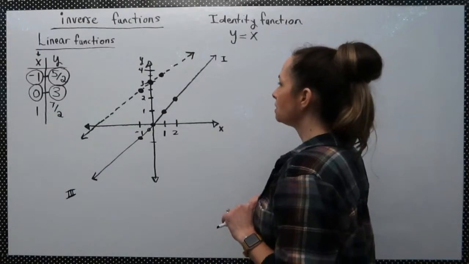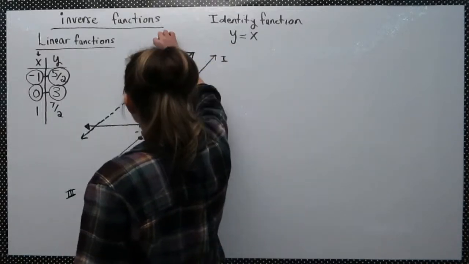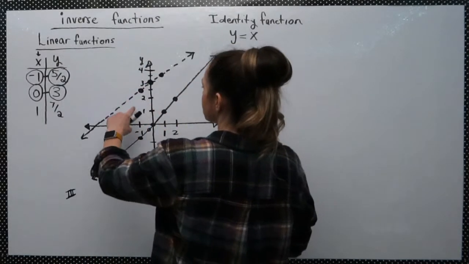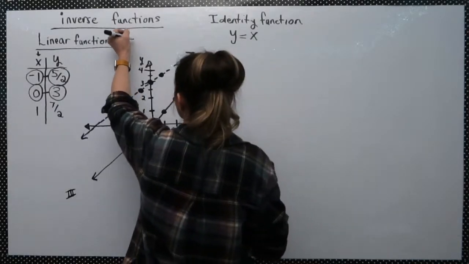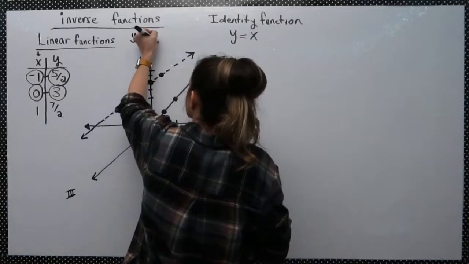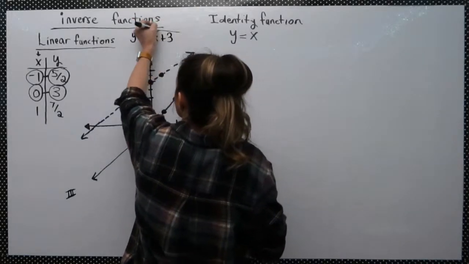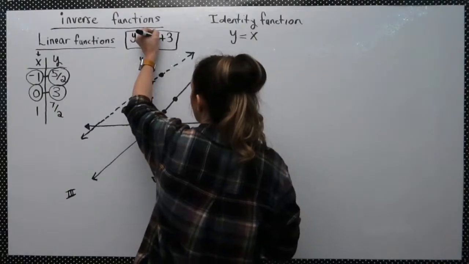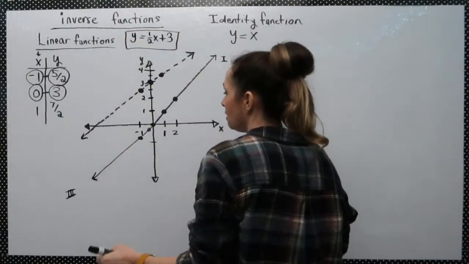I cannot believe I did that. I erased it, so I have to remember what it was. This was, I have to back up, y equals 1/2 x plus 3. All right, I didn't want to erase it and forget it because I want to show you how you would algebraically find the inverse.